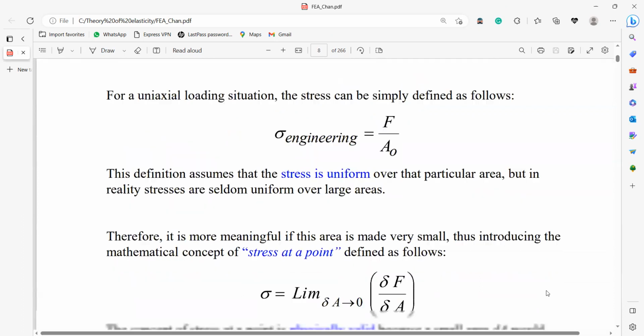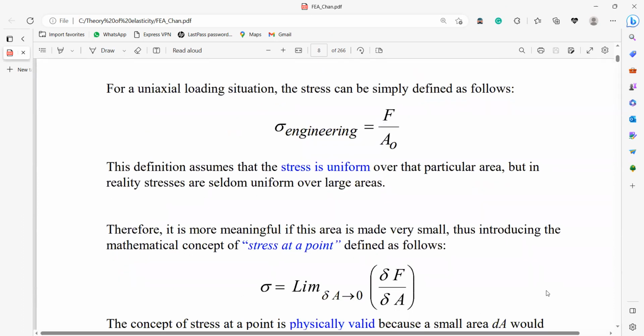And now, what is the difference between engineering stress and true stress? So here, as per engineering stress, it is force by unit area, meaning the area is constant. But in reality, does the area remain constant? If you're pulling a rubber bar, or even if it is steel, you would have performed some experiments.